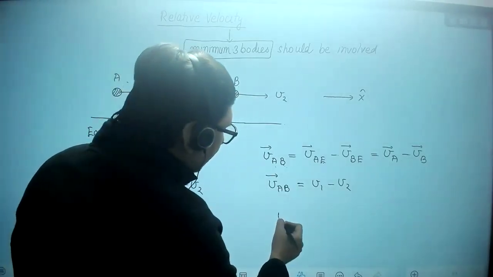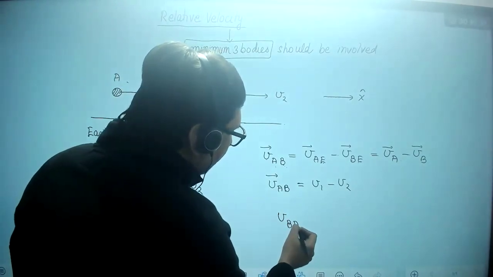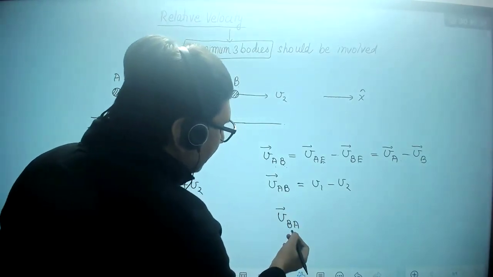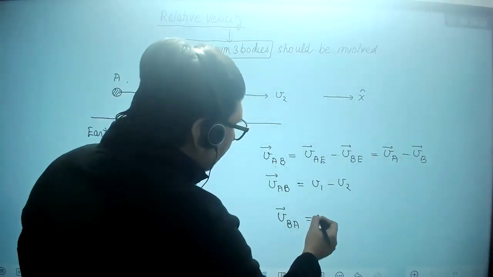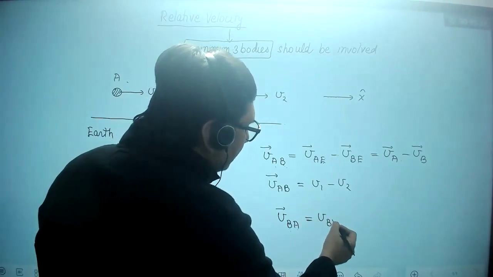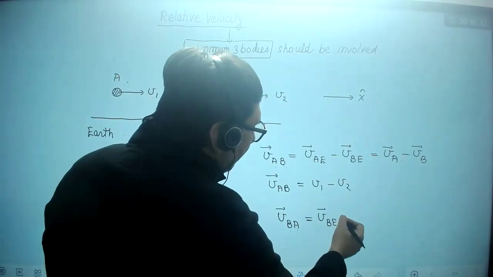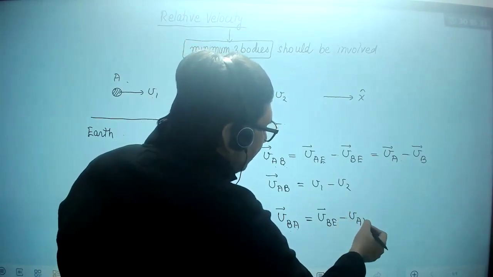So what will be the velocity of B with respect to A? B is here, A is here, Earth is missing. So this will be velocity of B with respect to Earth minus velocity of A with respect to Earth.